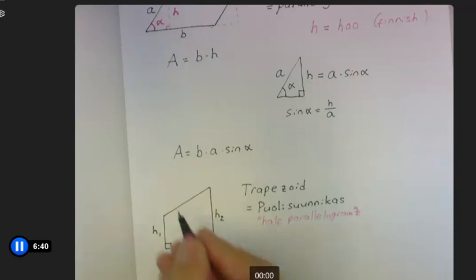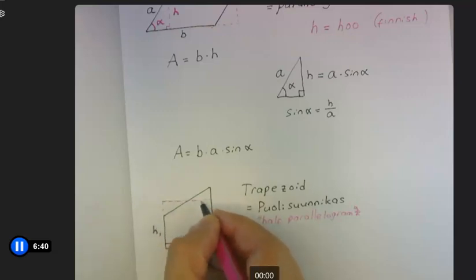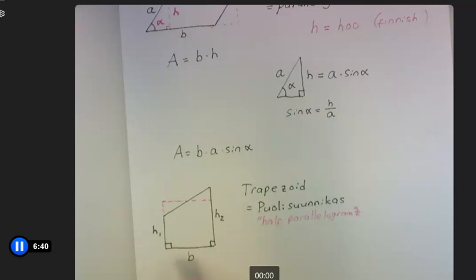If there is some kind of middle height of this figure, and I draw a horizontal line through that point, that gives me a rectangle. The base of that rectangle is this B here, and the height of this rectangle is the average of the heights H1 and H2. If you take the average of these side lengths, you get the height at this middle point.